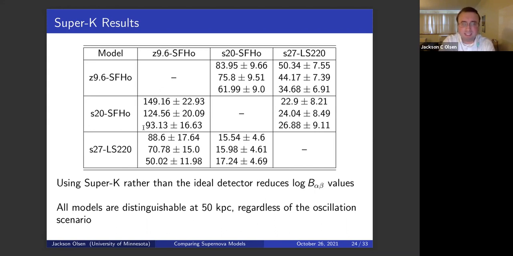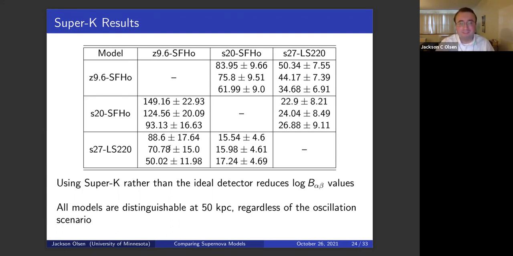And inside each cell, the top row corresponds to the result when there are no oscillations, normal hierarchy, and inverted hierarchy. So we see that the results do depend quite a bit on the oscillation scenario.